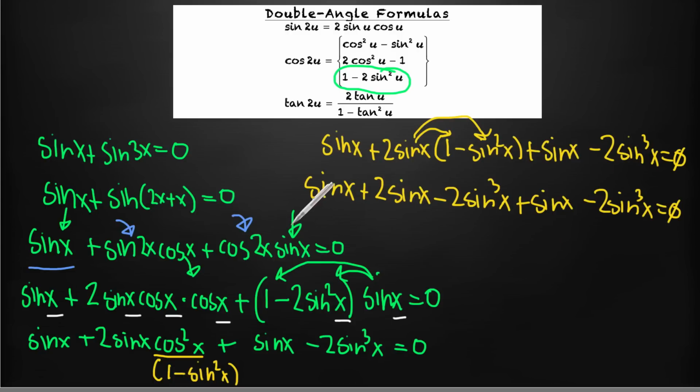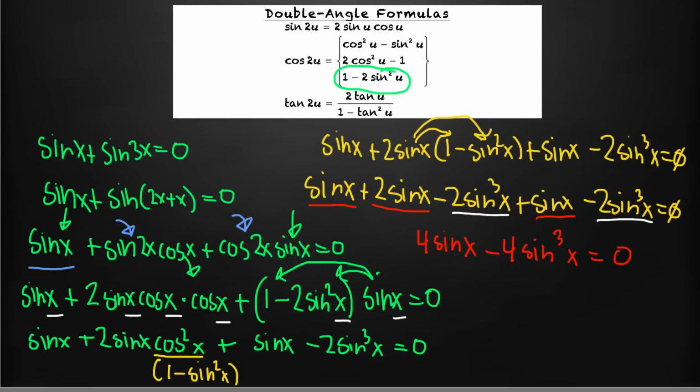Okay, we've got some like terms. We've got sine of x, we've got sine of x, and we've got 2 sine of x right there. So that's going to give us 4 sine of x. And we also have these two like terms as well, negative 2 sine cubed and negative 2 sine cubed. So that's going to give us negative 4 sine cubed of x equals 0.